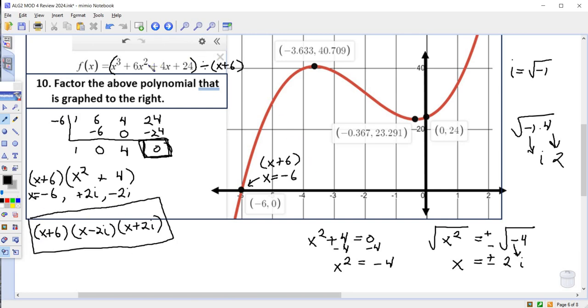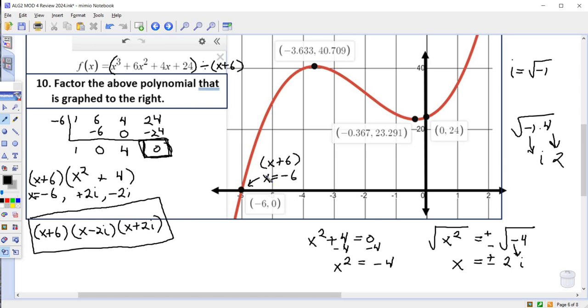Take a look at the big idea here. I'm given this cubic function, x cubed plus 6x squared plus 4x plus 24. I need to factor it, and that's kind of difficult. The easiest thing to do would be to graph it and find the real factors to divide out. So I graph it. I see it crosses over at negative 6. I know one of the factors is x plus 6 then.